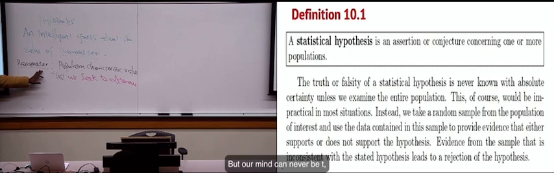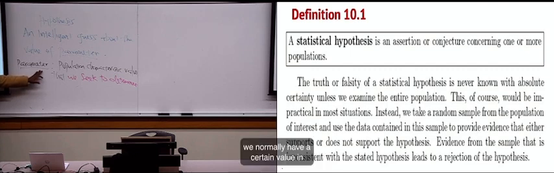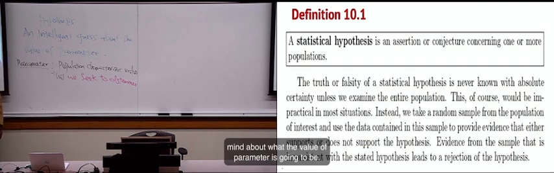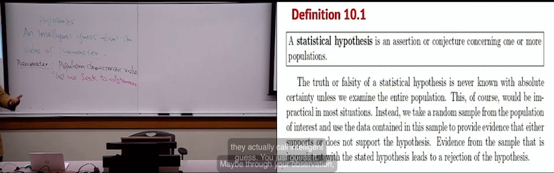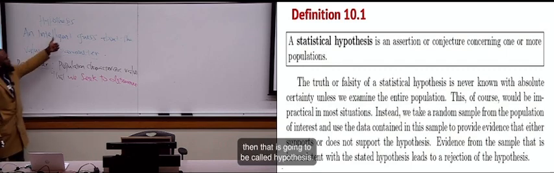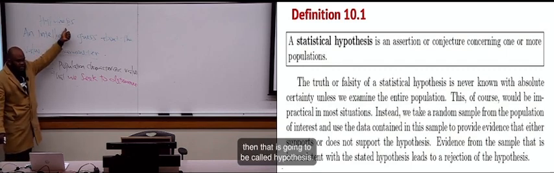But our mind can never be empty. We normally have a certain value in mind about what the value of the parameter is going to be. When you have a value in mind, I call that an intelligent guess. Maybe through your observation, you guess the value to be like that, then that is called a hypothesis.